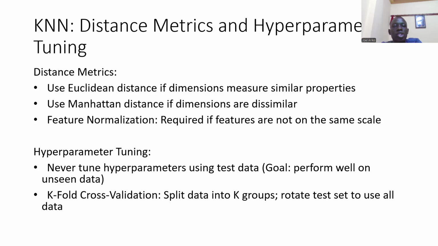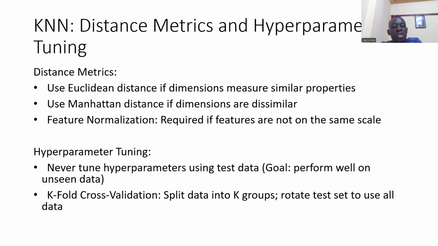Let me put it in layman's language: using test data is like a student seeing exam questions before doing an exam, meaning he or she has cheated. So therefore, it leads to overfitting.